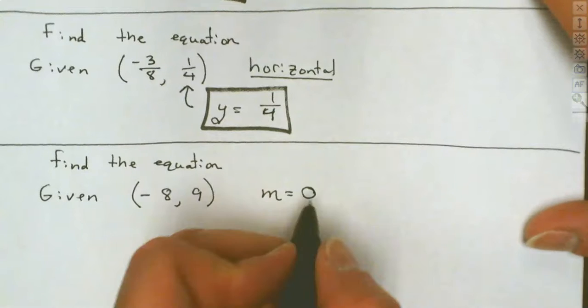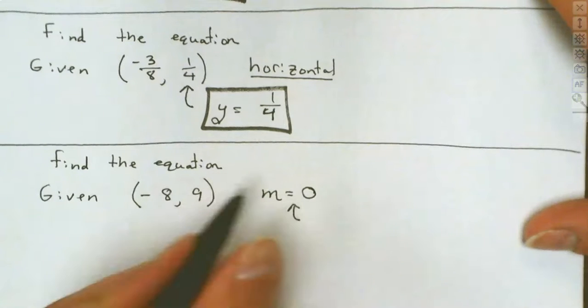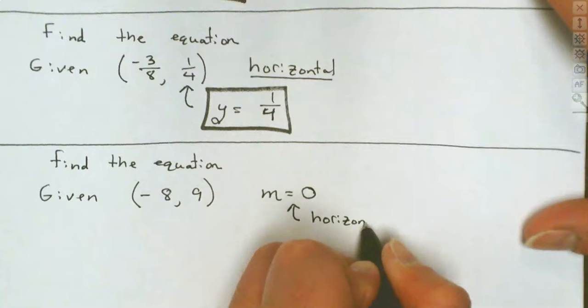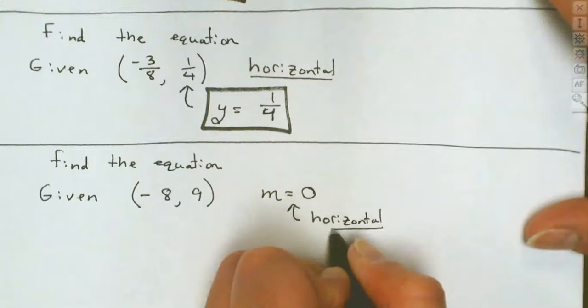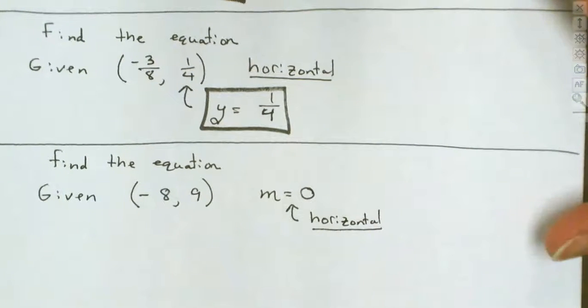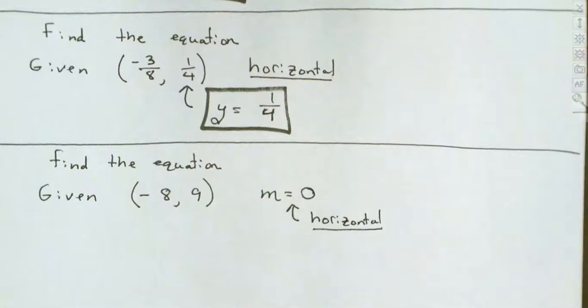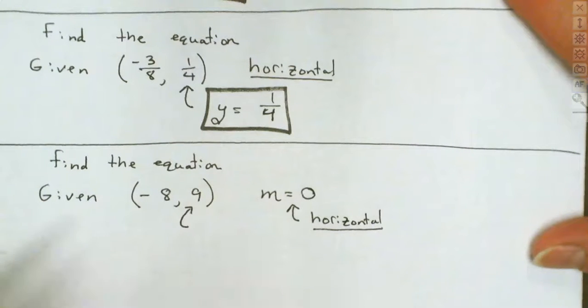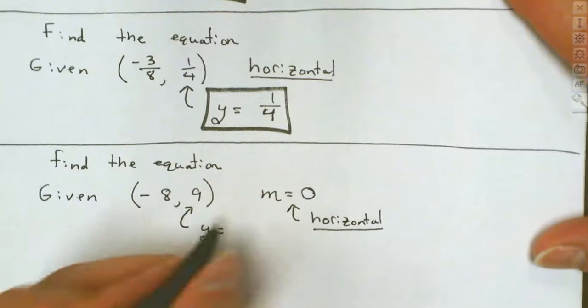So if it's got a 0 slope, what does that mean? That means it's horizontal. And if it's horizontal, then what am I looking for? It's a y component, so my answer would simply be y equals what?